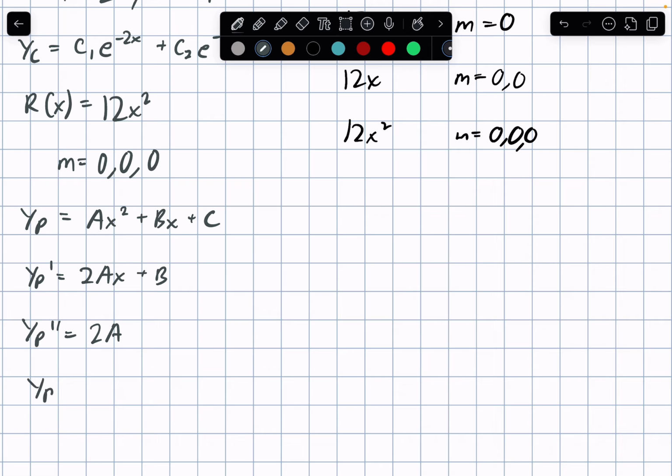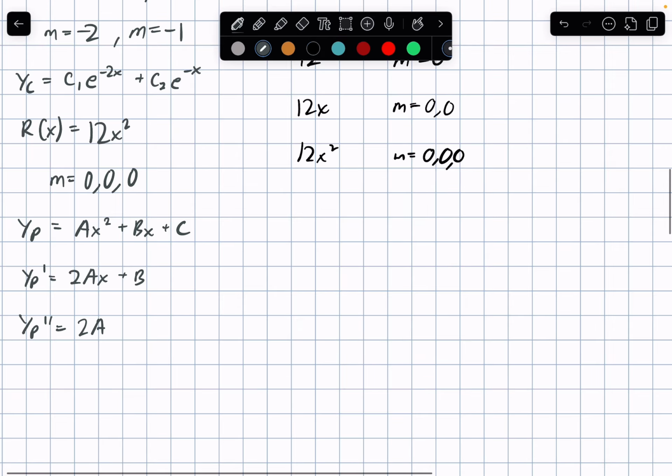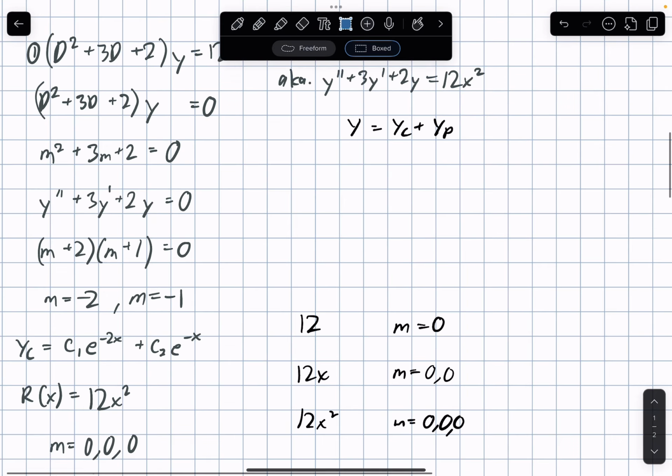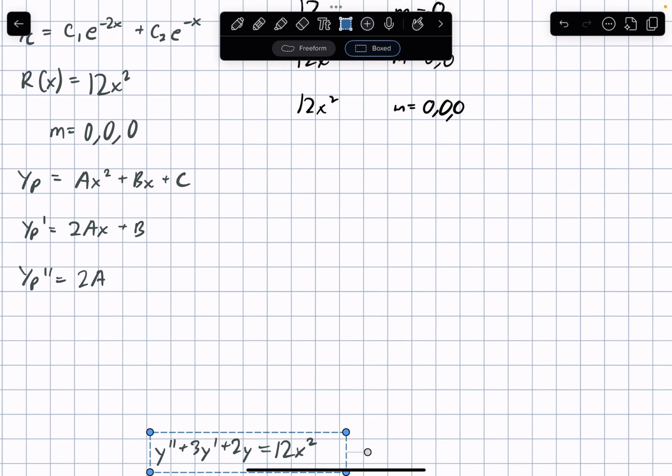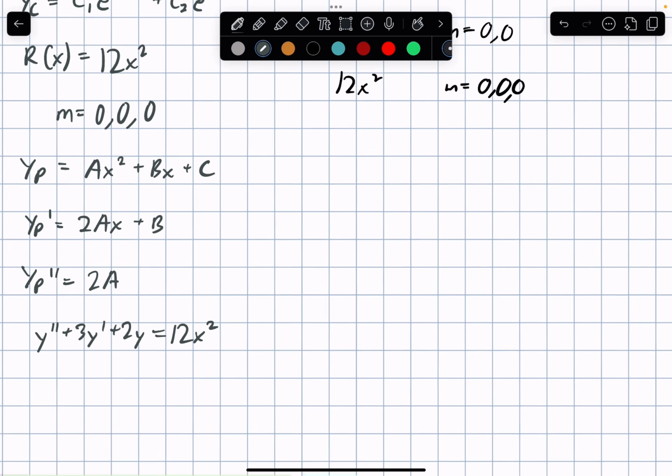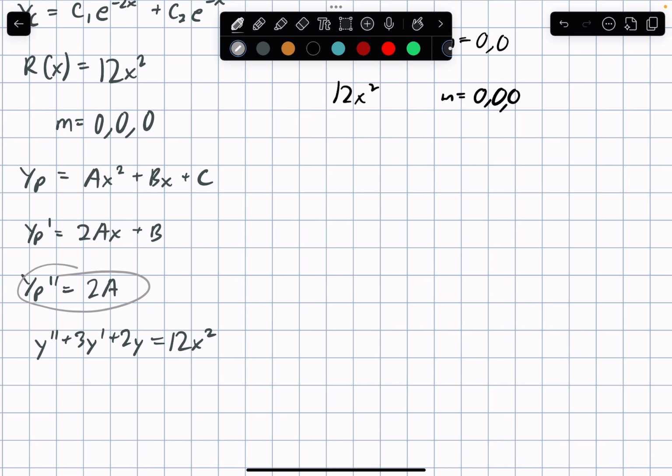Let's assemble now our y sub p. Oh wait, sorry. What I mentioned earlier, we need to write this one. This is actually the part where we need it already. So we just substitute. The y prime here is this one.